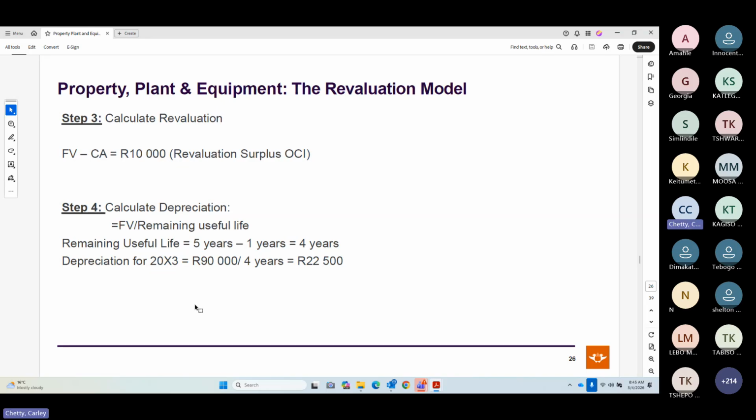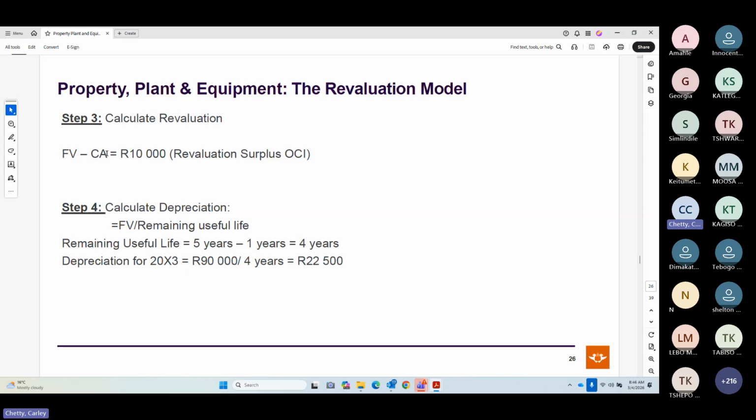And then in step 3, now we have a revaluation. We are comparing the fair value of 90,000 to the carrying amount of 80,000. When we compare the two, we'll see the carrying amount is lower than the fair value. So we are going to increase the carrying amount to the fair value, which is 10,000 Rand.